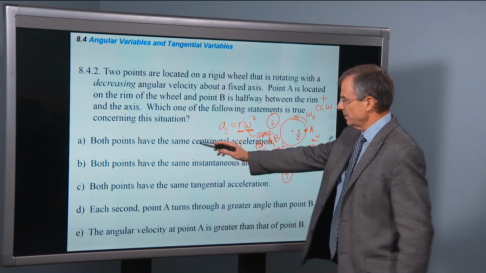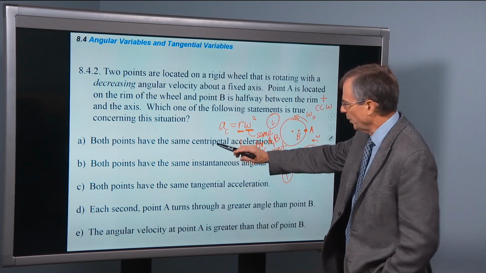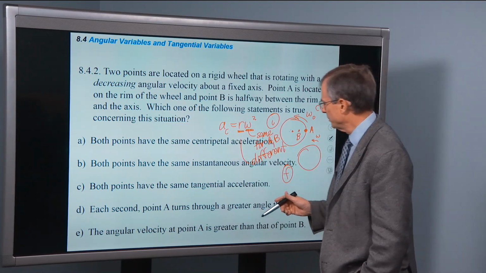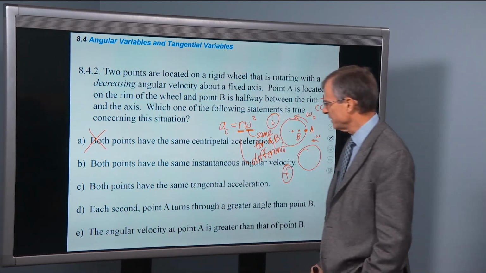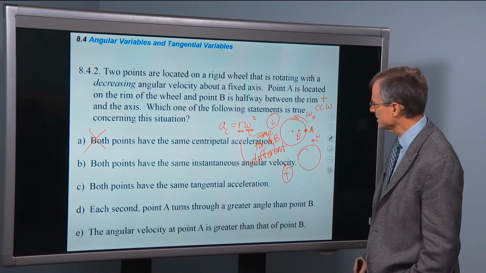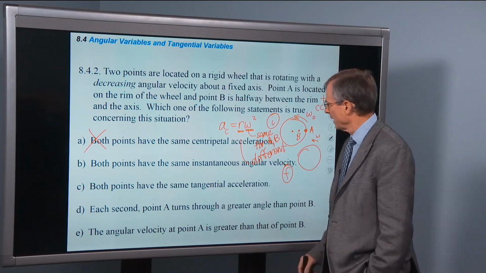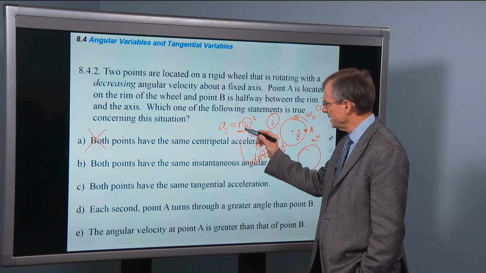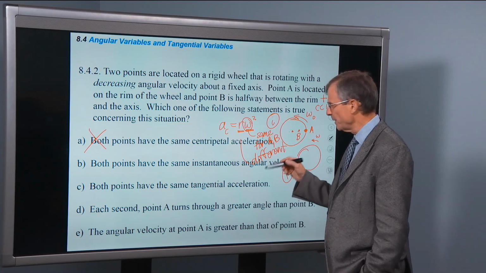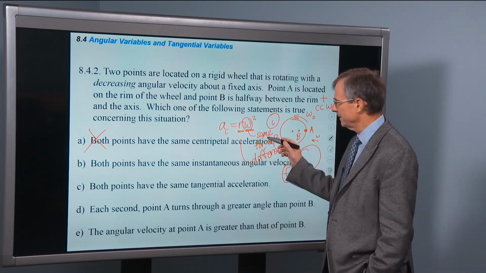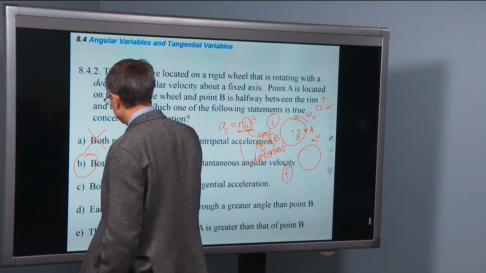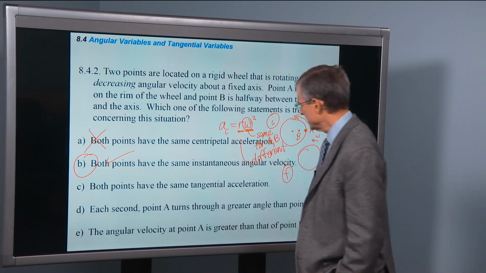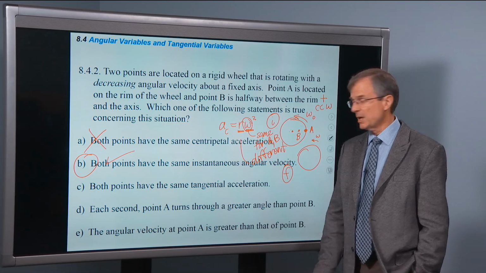And what this point A here is saying is that both points have the same centripetal acceleration. That can't possibly be true. Both points have the same instantaneous angular velocity. Well, what about that? This is the instantaneous angular velocity, and we just made an argument that that has to be the same. So this is, in fact, the answer. Both points have the same instantaneous angular velocity.